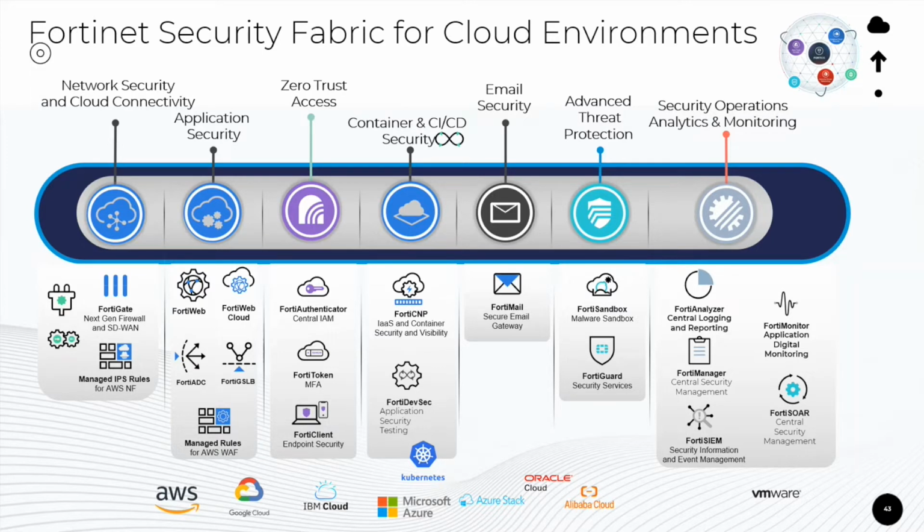But what I do want to highlight is that we are very much into a layered approach when it comes to security, because once a code is deployed and I've got an application working, how am I going to protect that? Well, several layers. The first one, and I think it's fairly obvious for everyone, right? It's about securing the network, and it's about securing the connectivity to my cloud environment.